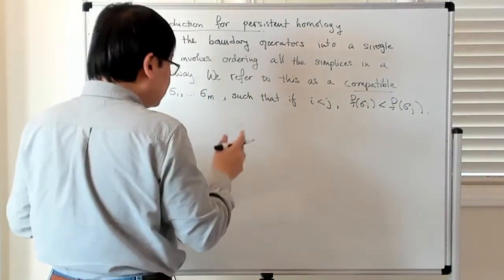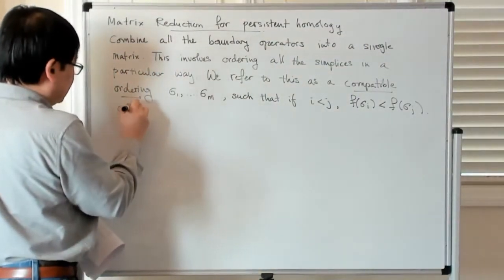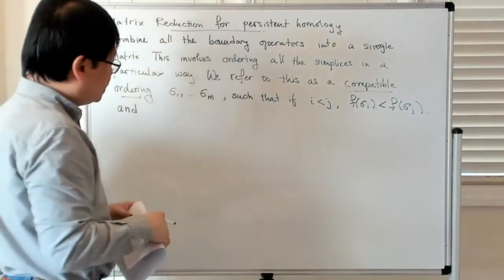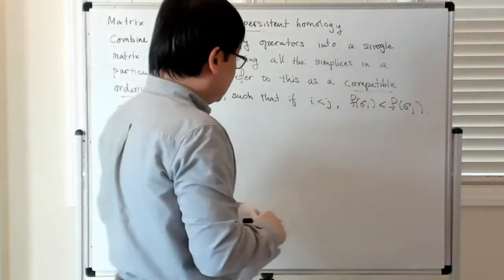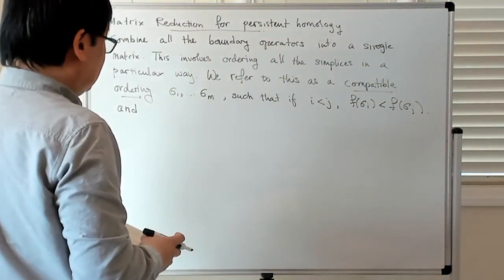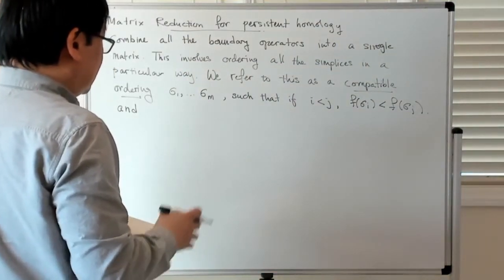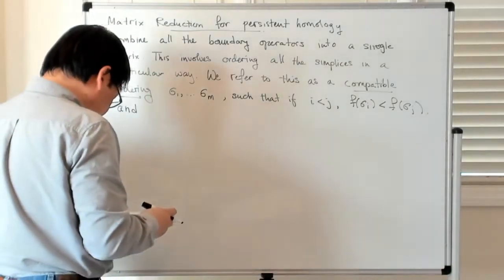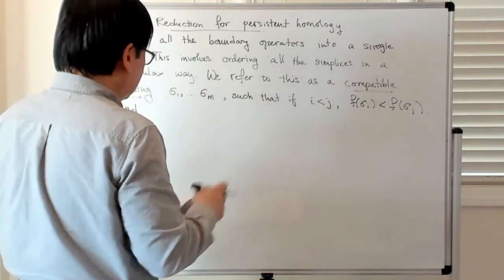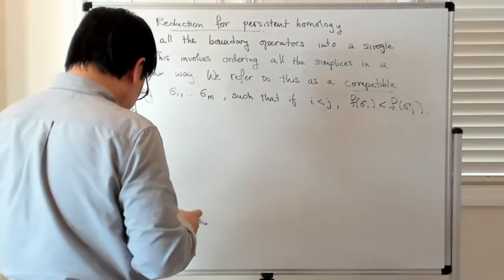Okay, so that's one thing, and it has to be that even if they were equal, that's the possibility that these things are equal, then they have to be ordered in increasing order of faces, if you will.